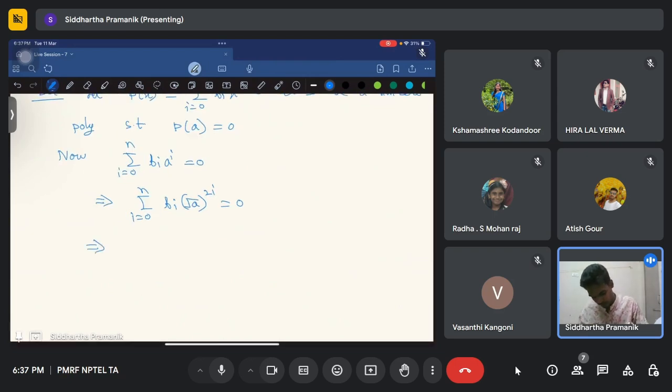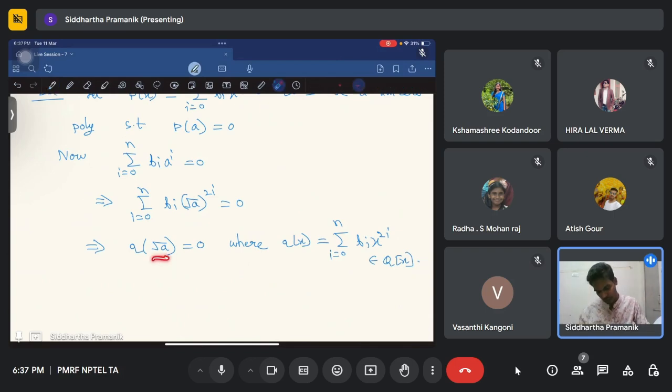So that will imply Q of root A equals 0, where Q(x) equals summation b_i x^(2i), i equals 0 to n. This is also a polynomial in Q[x], right? Because the coefficients are from Q. So square root of A is a zero of the polynomial Q(x). So that will imply root A is algebraic over Q.